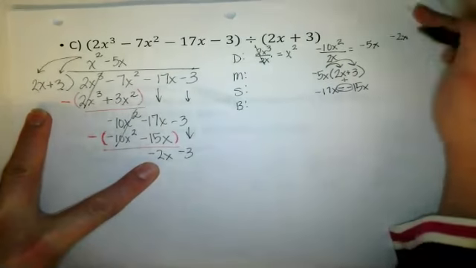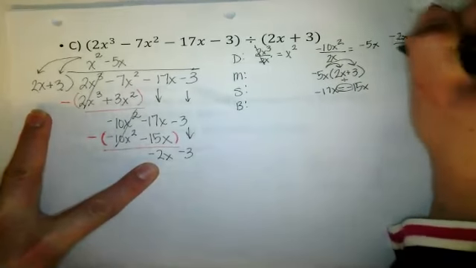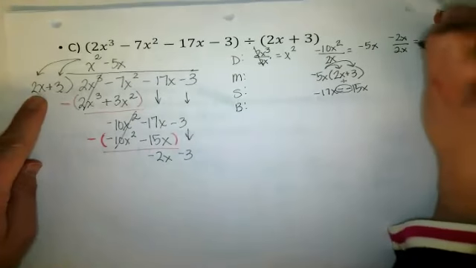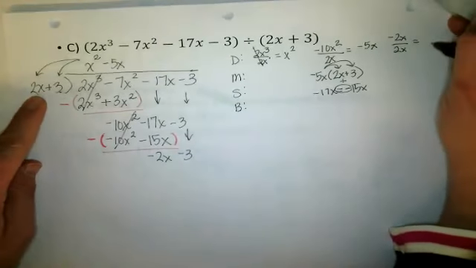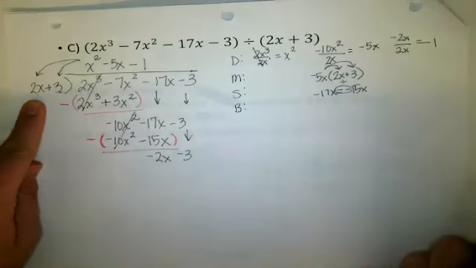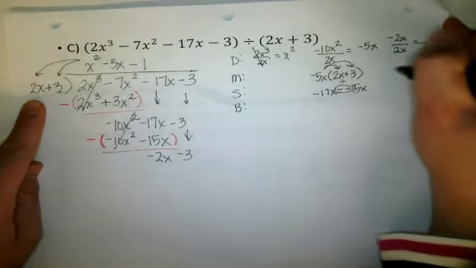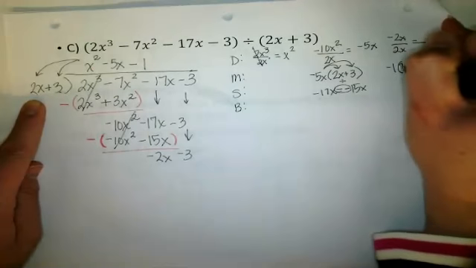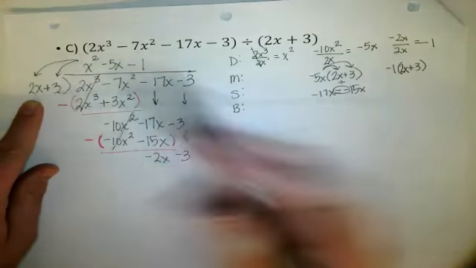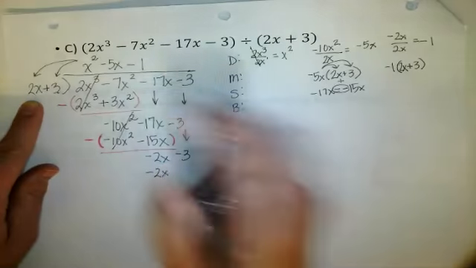So we divide our leading terms. Negative 2x divided by our divisor, 2x. What is negative 2x divided by 2x? Negative 1. So we put a negative 1 up top. And again, now we're multiplying negative 1 times my divisor. Negative 1 times 2x is negative 2x.